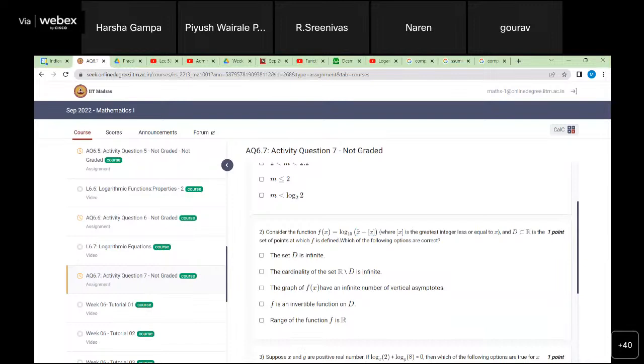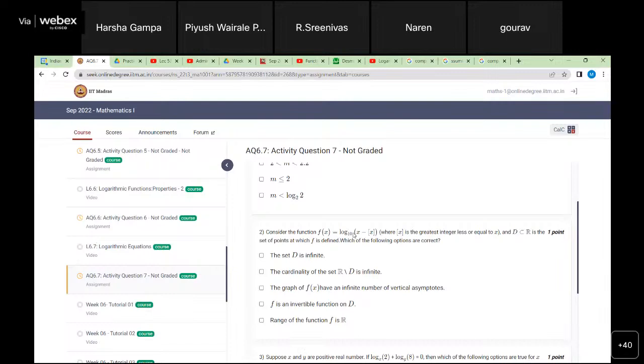In general it will have range 0 to infinity, right? But we don't have particular set values. It can take infinite values. The difference between x and the greatest integer function will always be positive, right? So the value of this function will lie between 0 to infinity only.